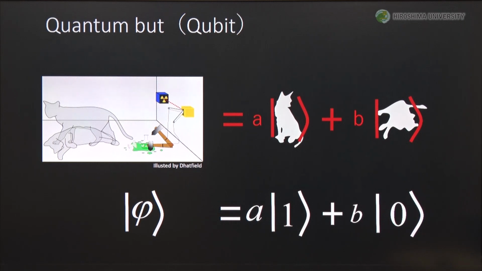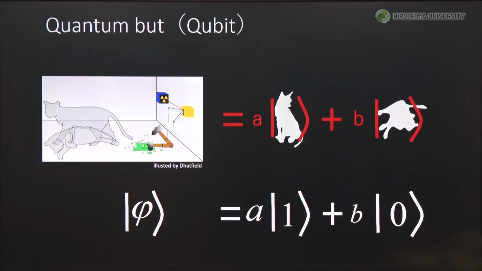In this room there is a radioactive source. If the detector detects radioactivity from this source, the hammer destroys this glass. Inside that glass is poison. Then if radioactivity is detected by this detector, the cat will die.